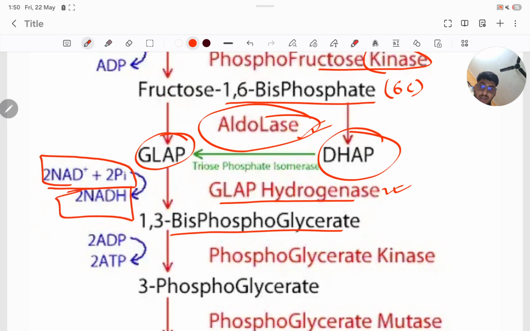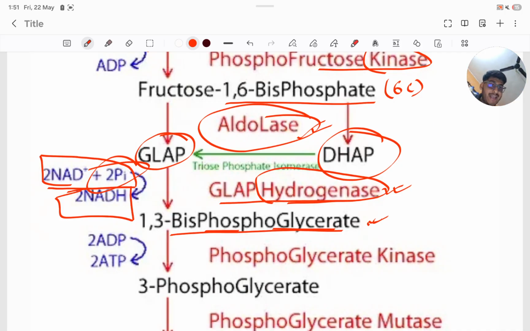One hydrogen, or energy, is getting added, an H plus ion is getting added. That is the function of the dehydrogenase. So 1,3-bisphosphoglycerate is produced.